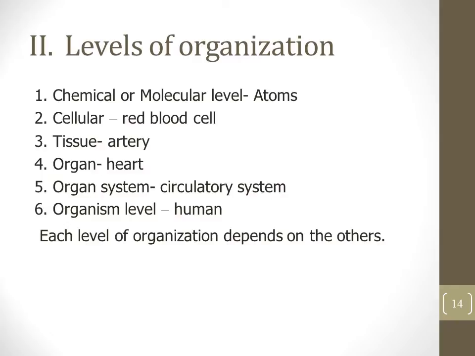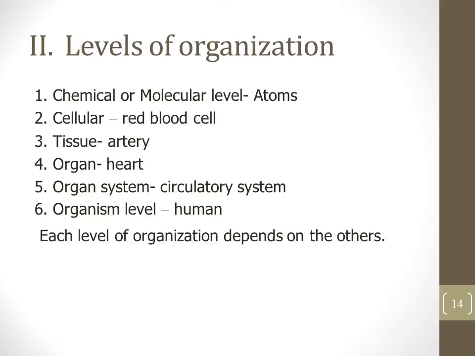The first one is the chemical level or molecular level, which comprises the atoms, elements, and molecules. All these come together to form the second level, which is the cellular level, made up of all the cells. And what is a cell? It is the smallest unit of life.